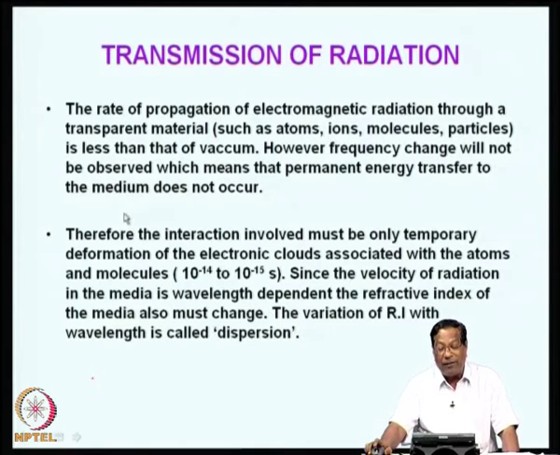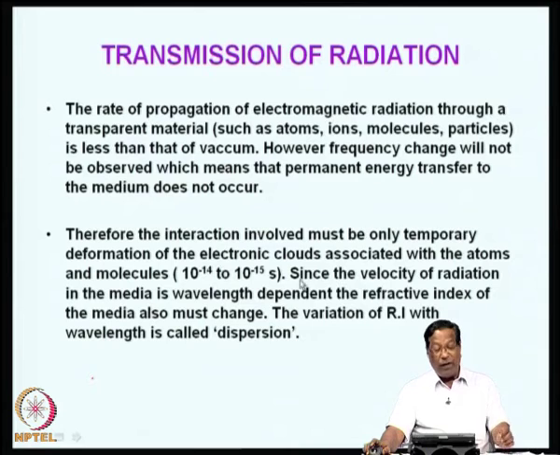Therefore, the interaction involved must be only temporary deformation of the electronic clouds associated with the atoms and molecules, of the order of about 10 raised to minus 14 to minus 15 seconds.